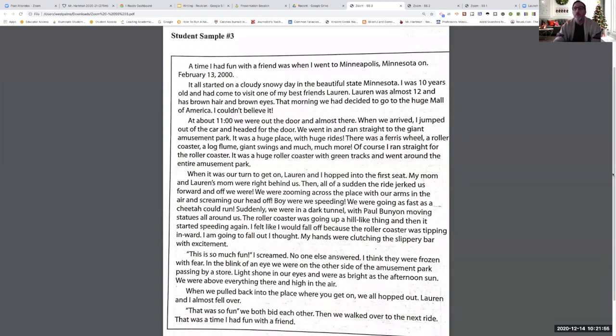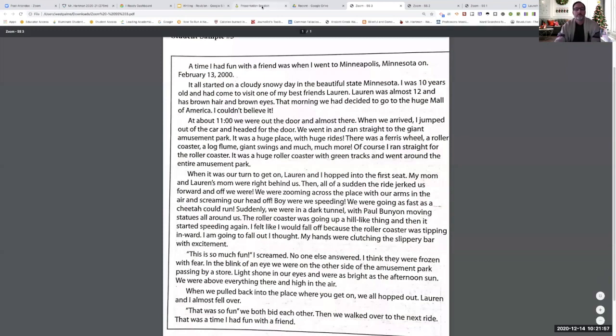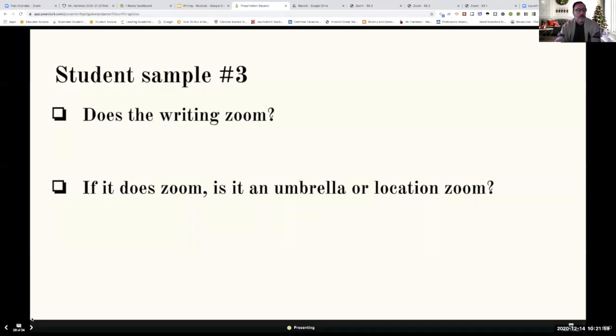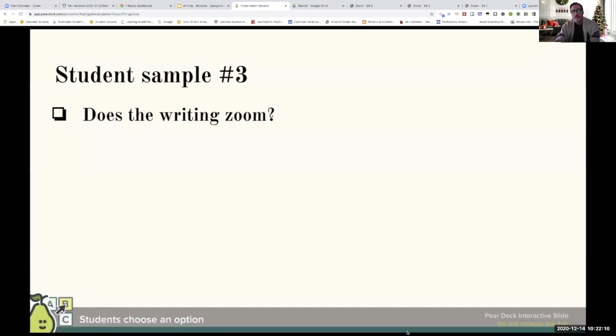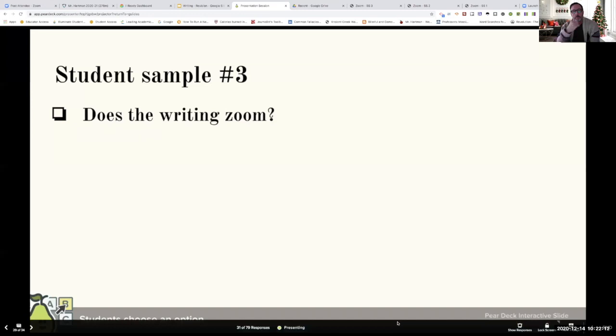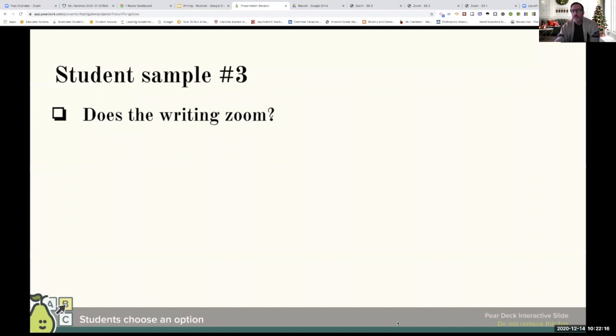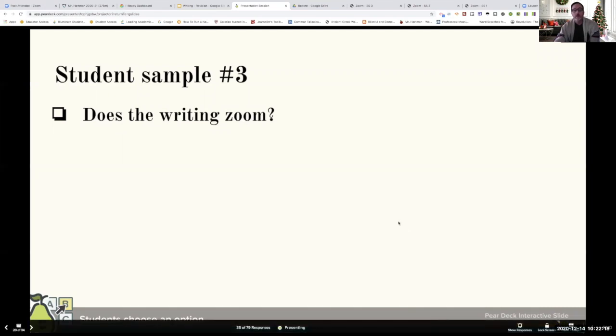Okay, so first question is, does this particular piece have a zoom? Does it have a zoom? So does it have a singular focus?